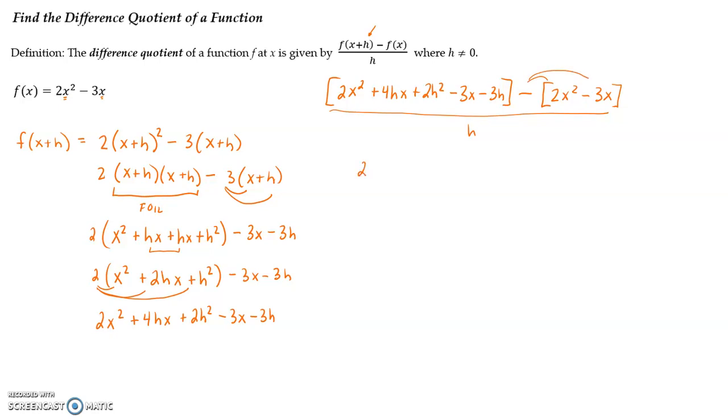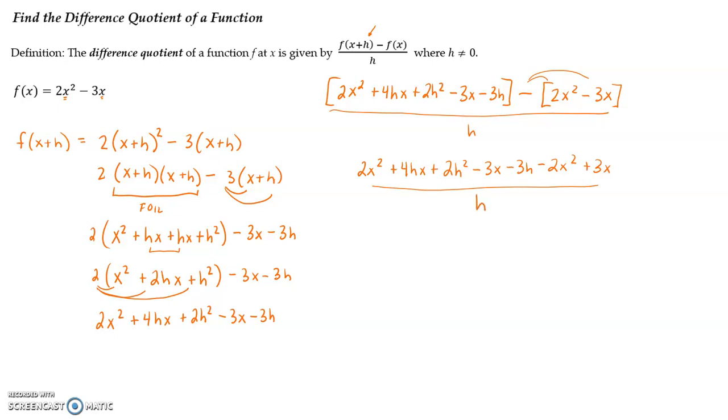So we've got 2x squared plus 4hx plus 2h squared minus 3x minus 3h, and then we have a minus 2x squared, and we're going to have a positive 3x. Now all of this is going to be over h.